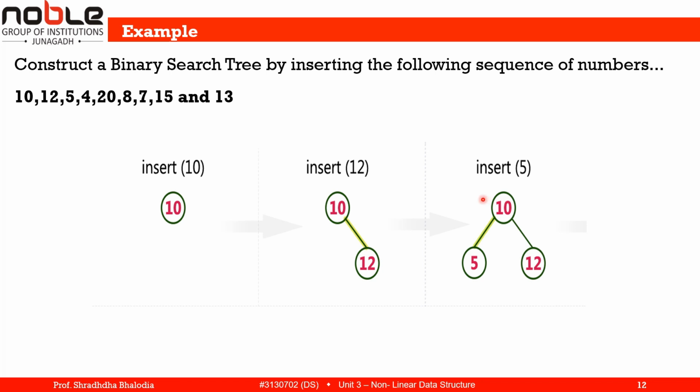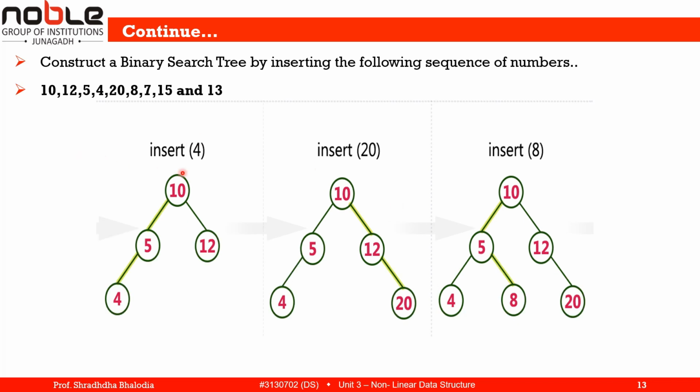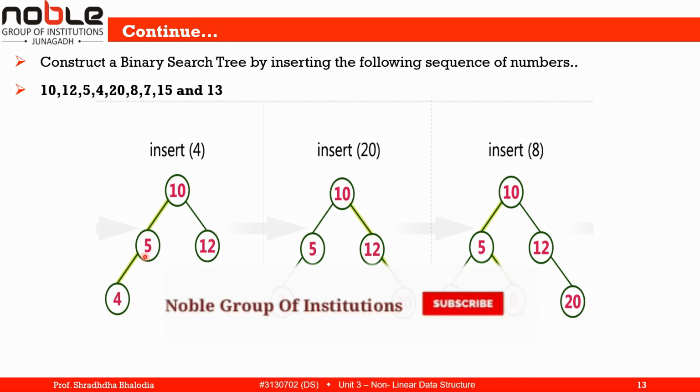If it is less than or equal to the root element, we put it on the left side, so we put 5 on the left of 10. Next, insert 4. First we check with the root node. 4 is less than 10, so we go to the left side. Then we check with 5. 4 is less than 5, so we put it on the left side of 5.